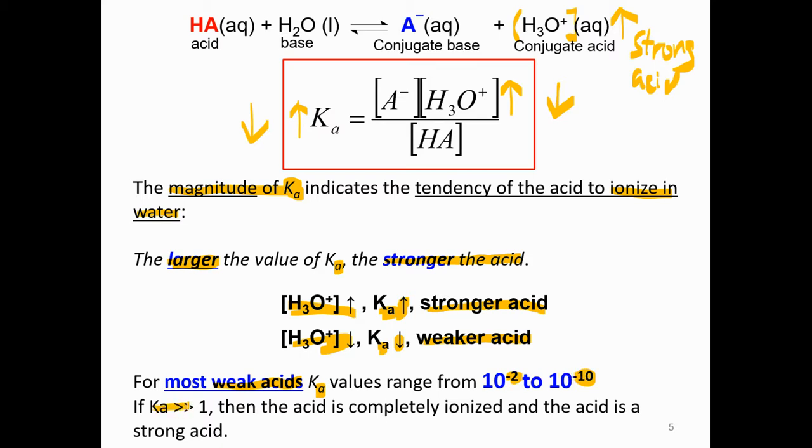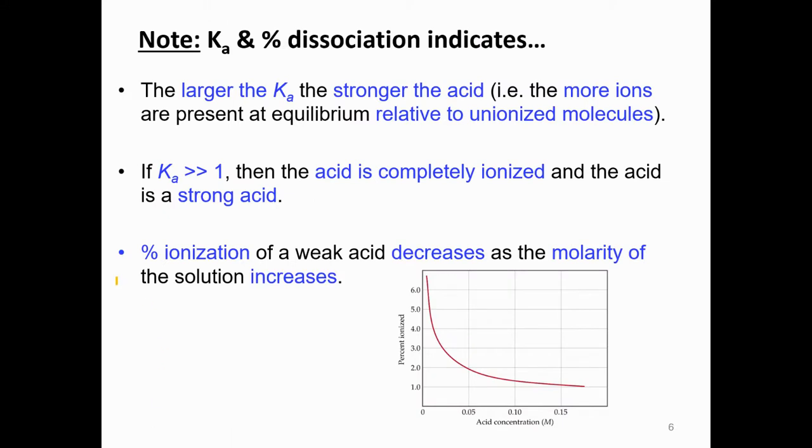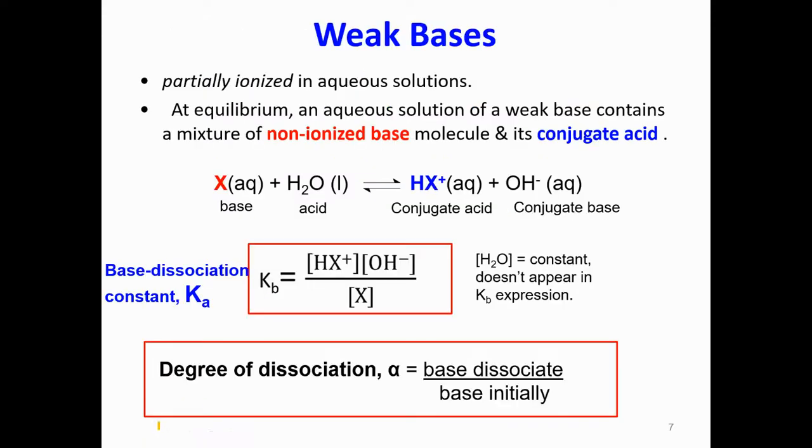If the Ka value you calculated is more than 1, it means that it is a strong acid because it will completely ionize. Now let's look at the third one, because the first and second we have learned just now. The percentage ionization of a weak acid decreases as the molarity of the solution increases.